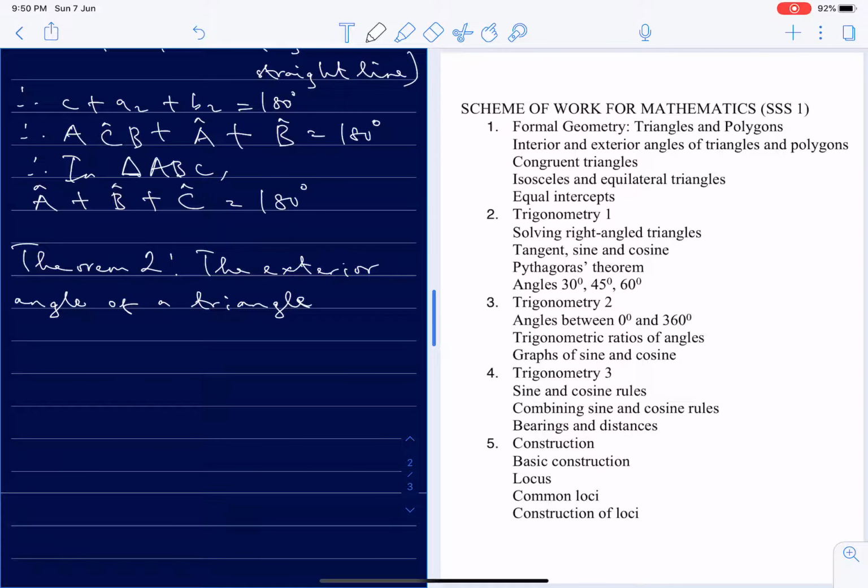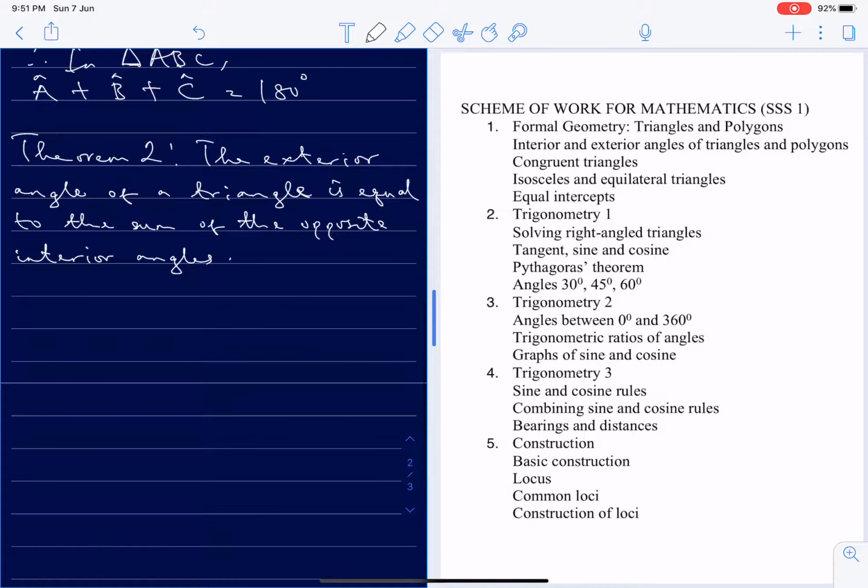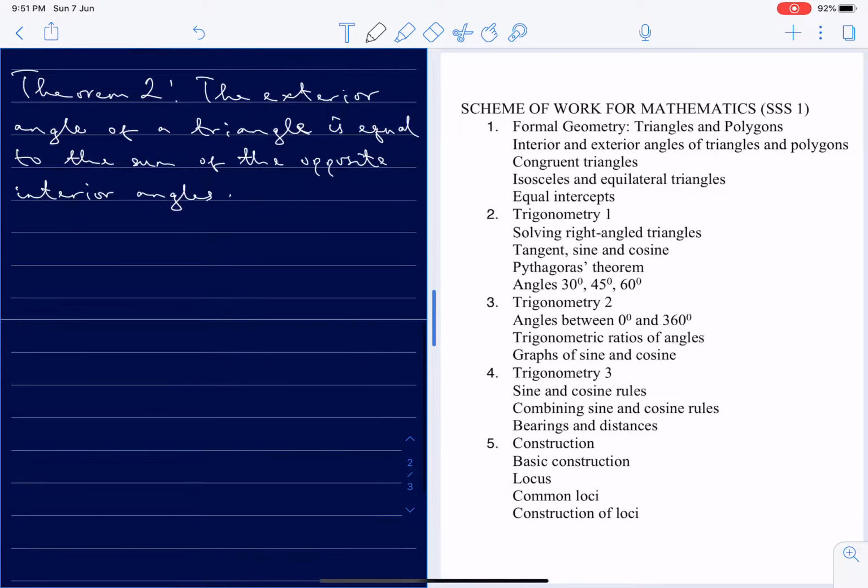The exterior angle of a triangle is equal to the sum of the opposite interior angles. That's a theorem. Now let's see how that came about.